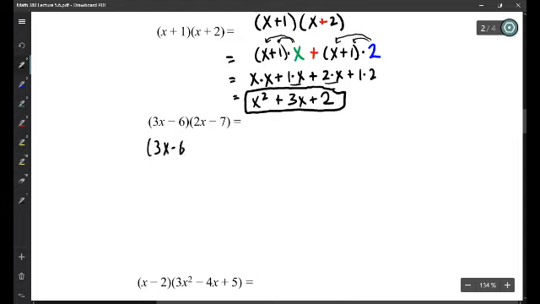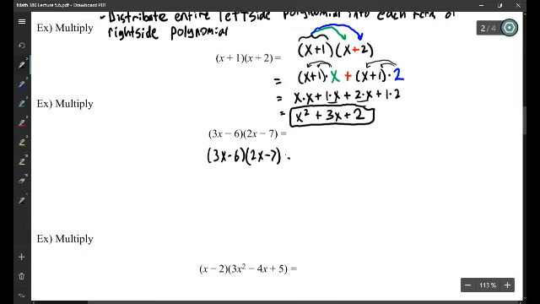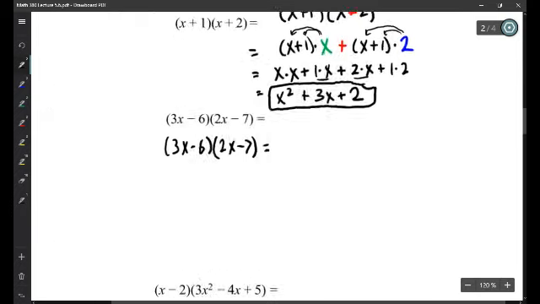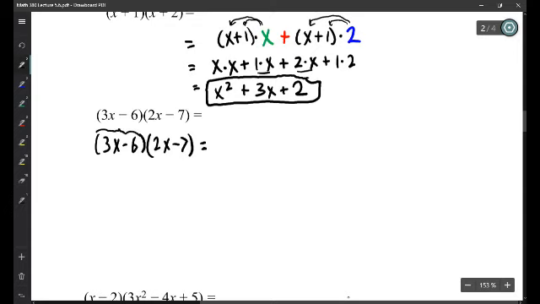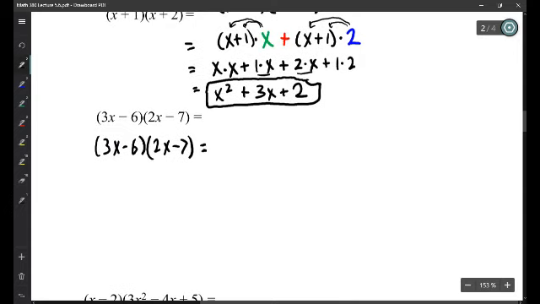Next, 3x minus 6 times 2x minus 7. We have this entire 3x minus 6 multiplying to the 2x and multiplying to the negative 7. And if you'd like, you can arrange the 2x to the left of the 3x, which we'll do in this example.